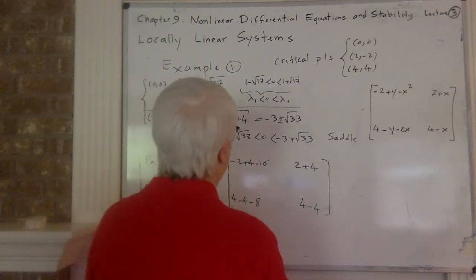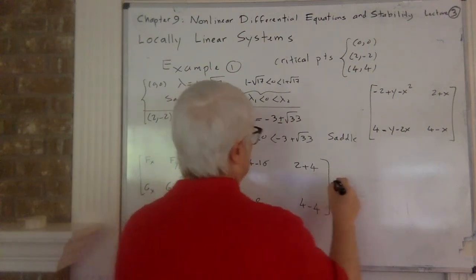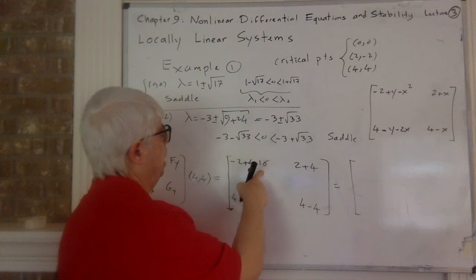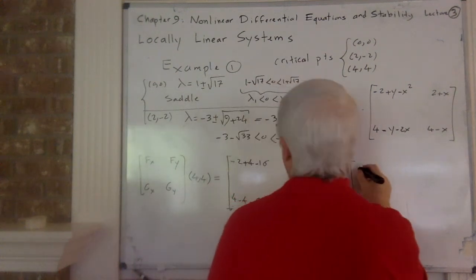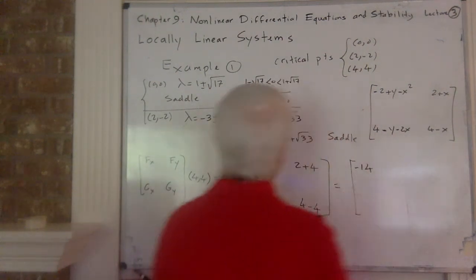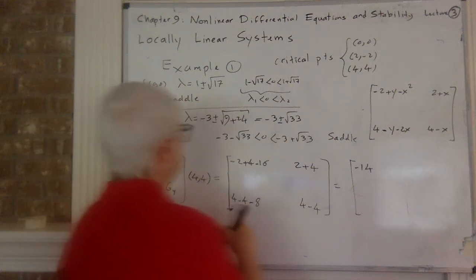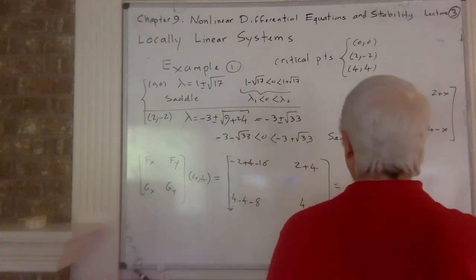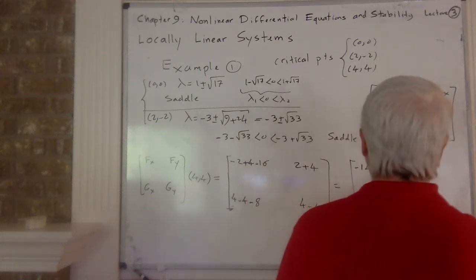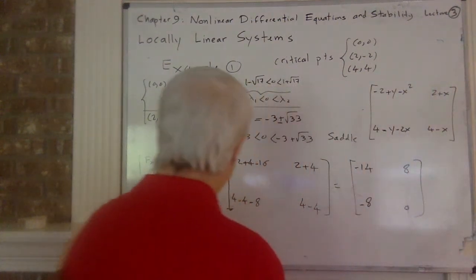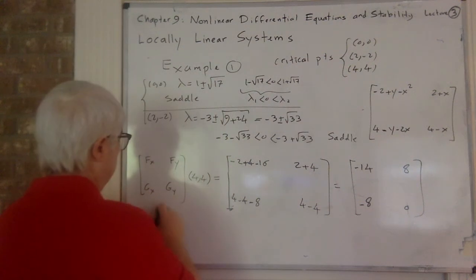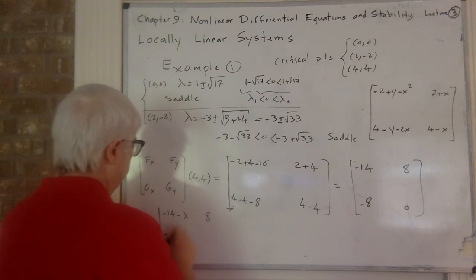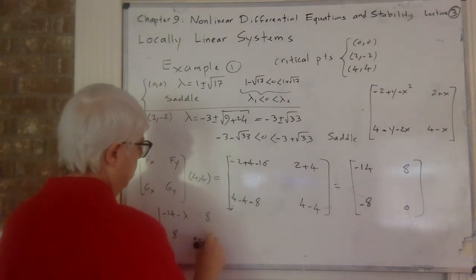So this is in fact minus 14, right? 2 plus 4 is 8. 4 minus 4, that's minus 8 here, and this is 0. Okay. So, minus 14 minus lambda, 8, minus 8, 0 minus lambda.